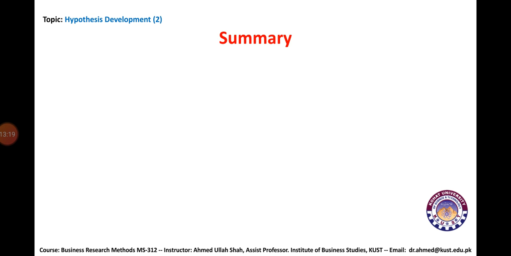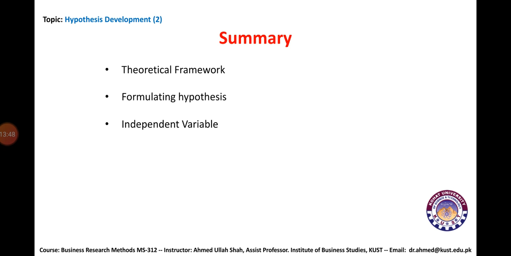Now we can summarize our today's lecture. First of all, for development of hypothesis, we need a theoretical framework which must have two things, that is a model and a theory. Secondly, for formulating hypothesis, you need to understand different kinds of variables, which may include your independent variable, which is also known as explanatory variable.